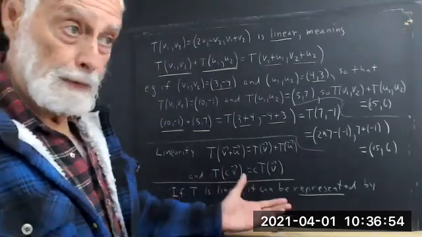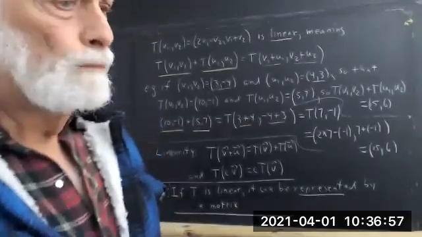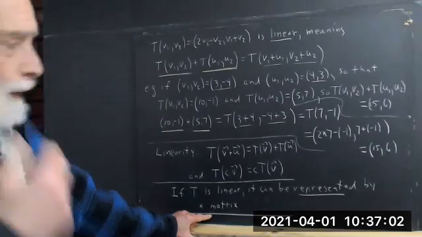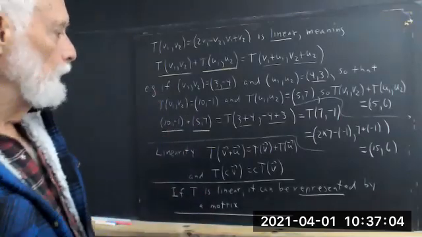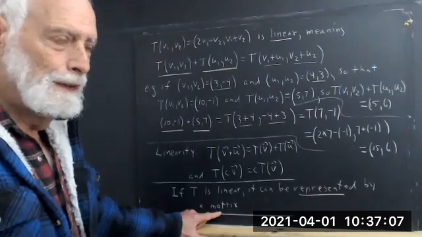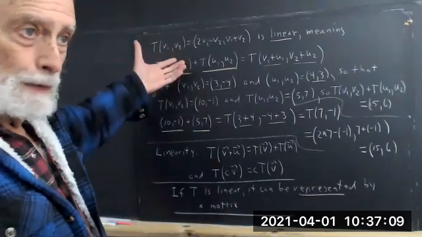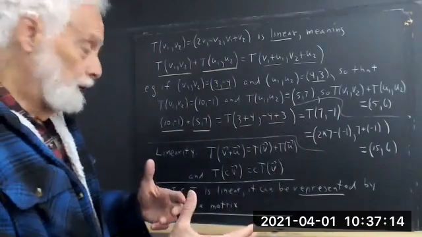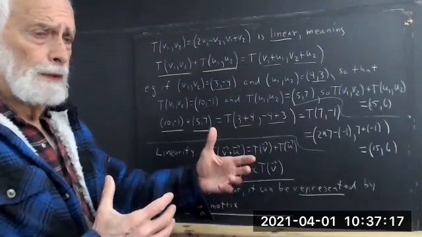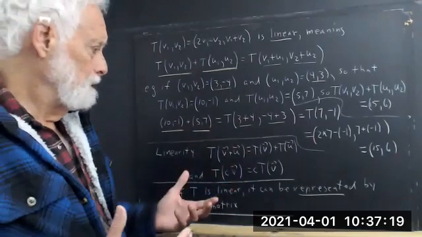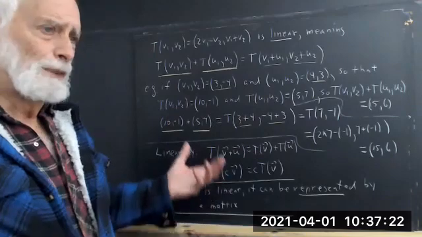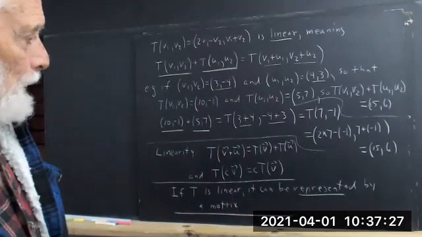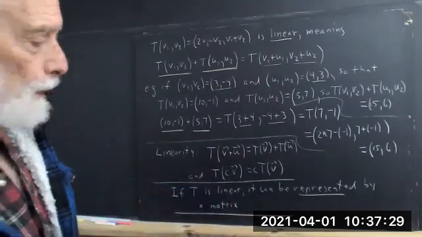Now there's much more to this, but that's sort of the essence of the connection between linear transformations and matrices. And of course, if it can be represented by a matrix, then you can define a linear transformation just by a matrix. Representation and the linear transformation itself are, in a sense, identical, or isomorphic, or they can be identified with one another. Doesn't matter which way you represent the thing.